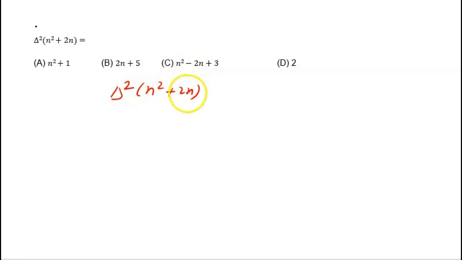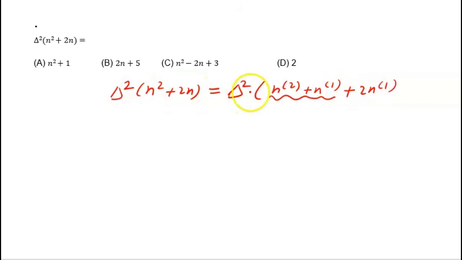You can use the basic definition as well, but I will prefer this, because that will also give you an idea about how to use the factorial polynomial. So delta square, n square can be written as n to the power 2 plus n to the power 1. And what is this? If you did not understand, go and check that. 2n to the power 1, because n square in terms of factorial polynomial is written like this.